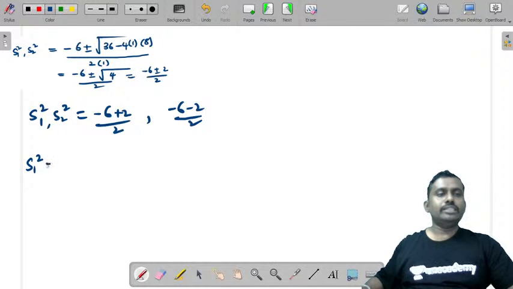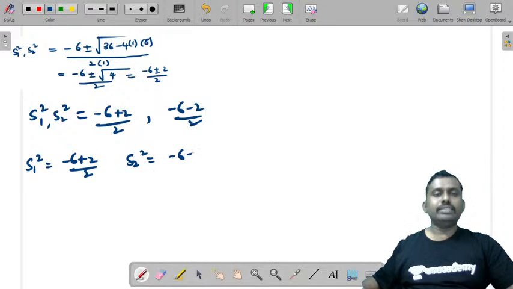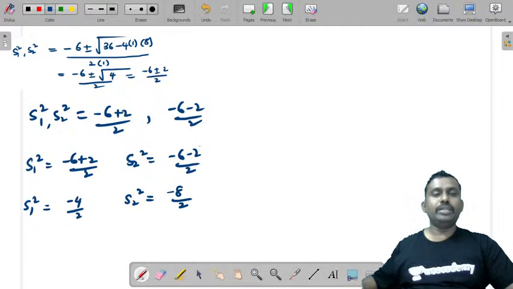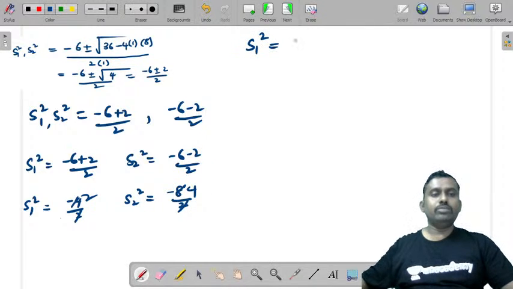So s1 square is equal to minus 6 plus 2 by 2. s2 square is equal to minus 6 minus 2 by 2. So s1 square is equal to minus 4 by 2. s2 square is equal to minus 8 by 2. So it is 2 times, it is 4 times. So s1 square is equal to minus 2. s2 square is equal to minus 4.